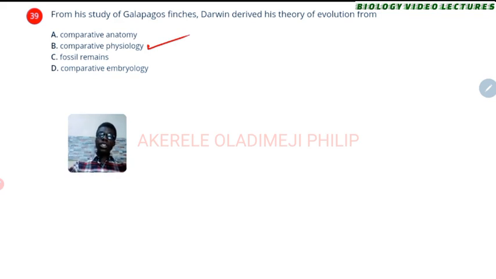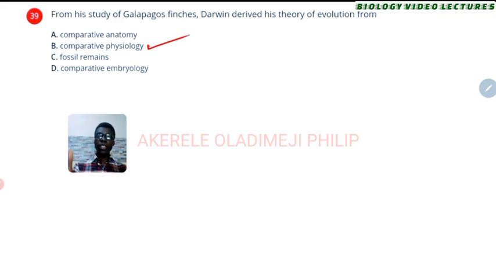So from his finches, different beaks came from a particular species, from one particular ancestor, because they were moving towards different habitats and different kinds of food that they were feeding on, like the one that was crushing seed. Their beaks were changing in function over a period of time.